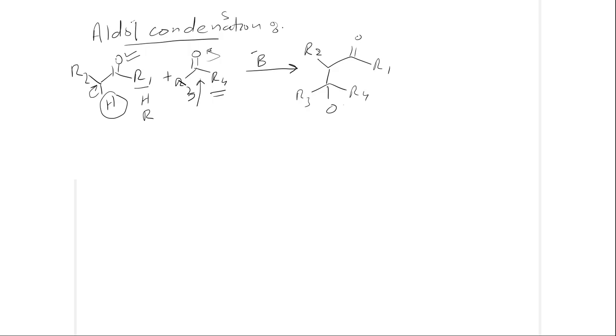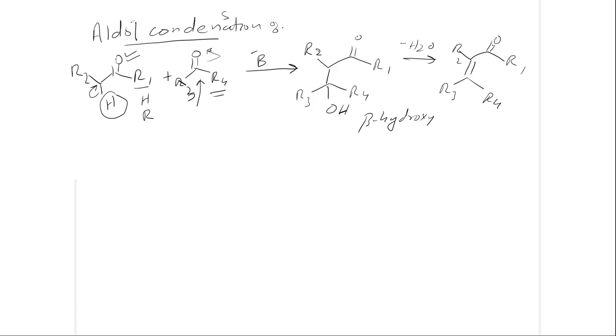It is a beta-hydroxy aldehyde or ketone. And in the next step, when a water molecule is removed, what do we get in this reaction? We get an unsaturated aldehyde or ketone. So this is the general reaction for the aldol condensation reaction.